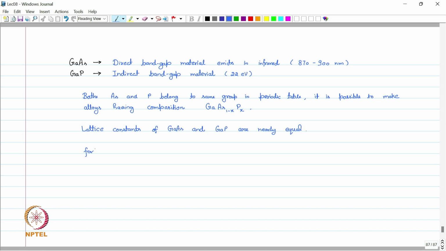For X value less than 0.45, the alloy remains direct band gap, with radiation in the red and infrared range.